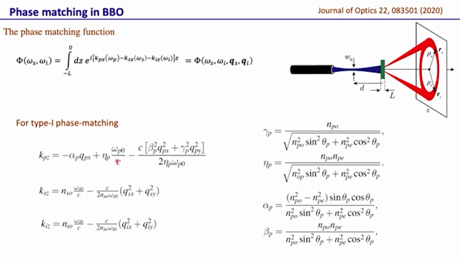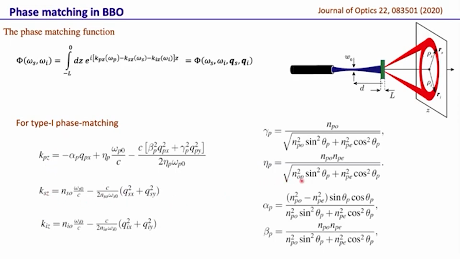There's alpha, beta, gamma over here, and these depend on the refractive index of the photon and whether it is ordinary polarized or extraordinary polarized and so on. So for type 1 phase matching, we know that the pump is extraordinary and the signal and idler are ordinarily polarized, and then all these factors have to be taken into account in order to calculate this Kpz, Ksz and Kiz.